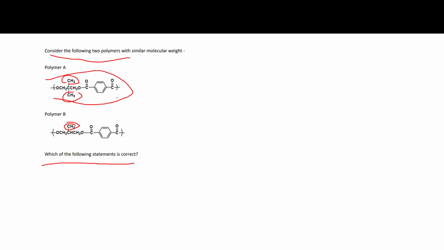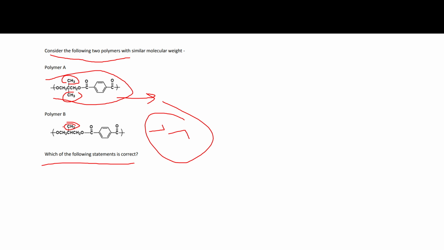So if you pack this polymer, the CH3 groups are always present on the two sides, but here the CH3 may be on one side in one polymer and on the other side in another polymer. For this reason, when there is only one CH3, the packing of these polymers is not that good.